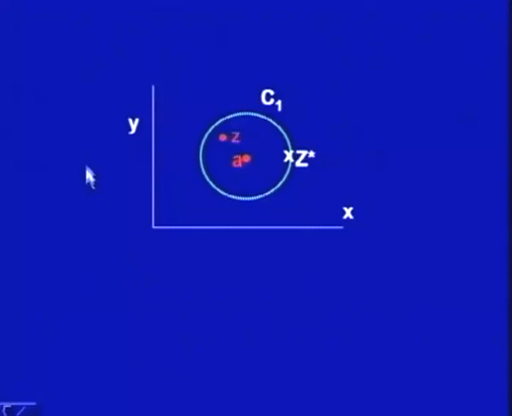Let me explain this. I have in the z plane the function f(z) which is analytic in a domain, and in this domain I have a point a, and at a I draw a circle. I call that circle C1, and z is a point inside this circle and z* is a point on the circle C1.